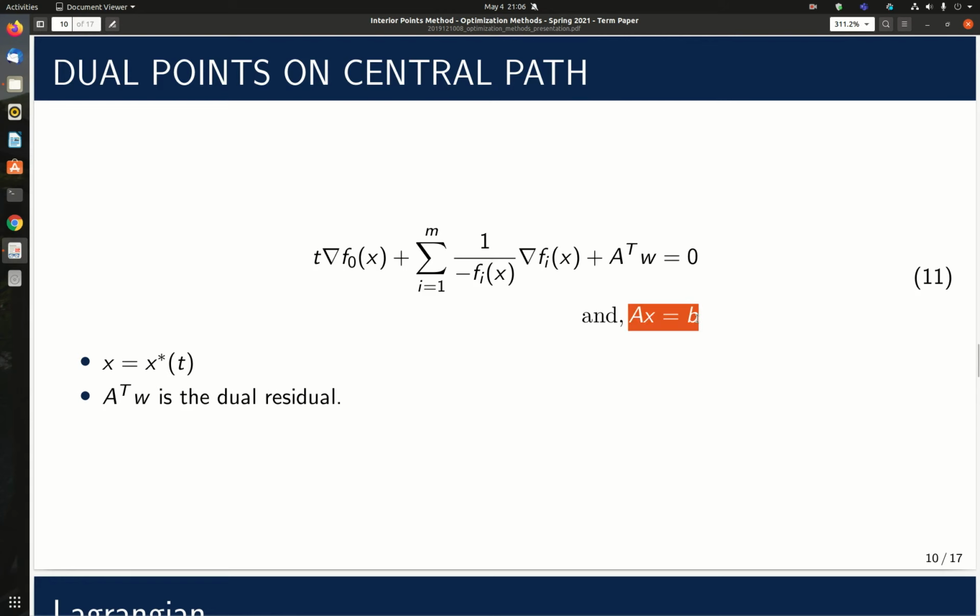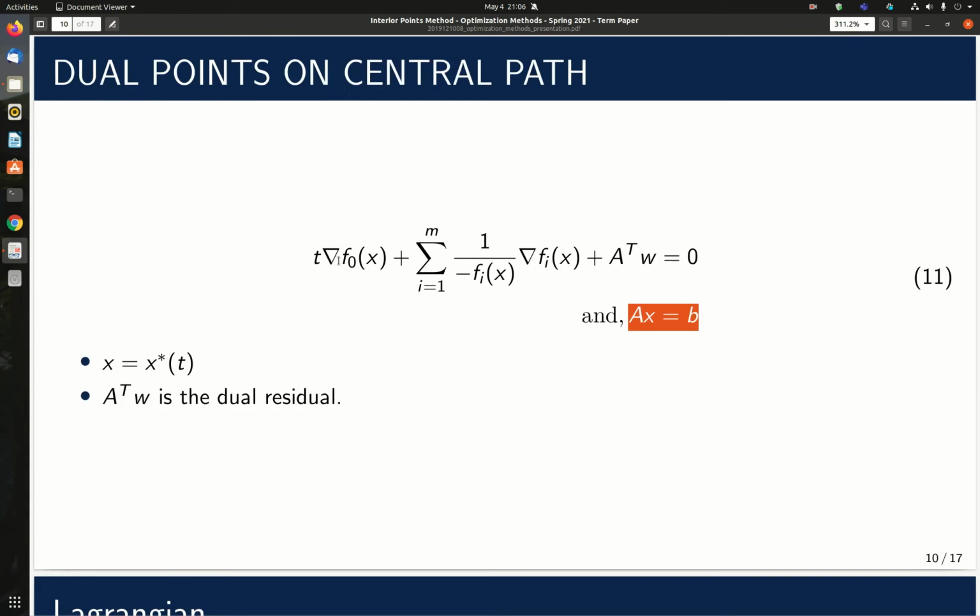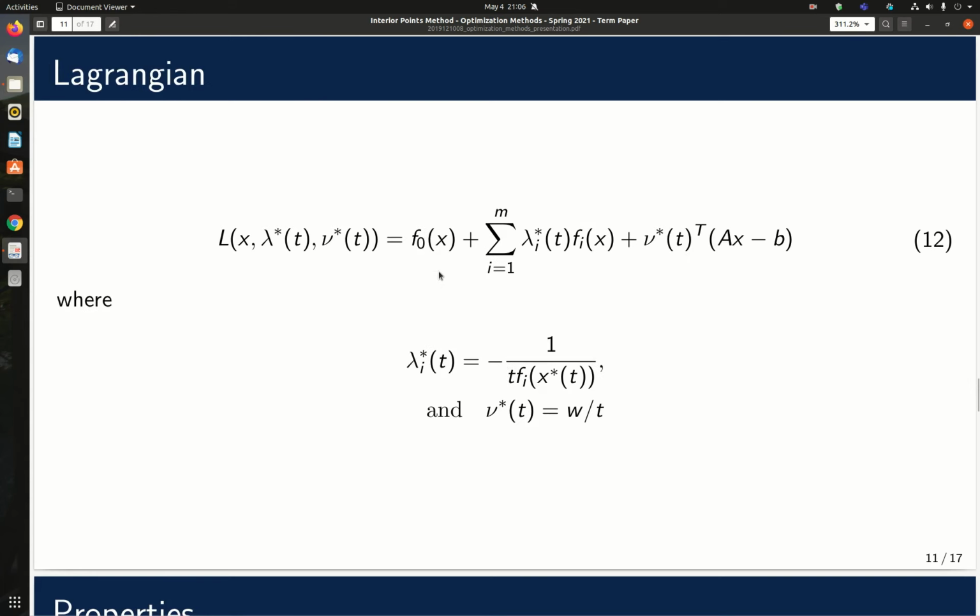It turns out that if you rearrange the above equation with these parameters lambda and nu in this fashion, that equation gets rearranged to be a Lagrangian. So solving this equation is similar to solving this Lagrangian equation.